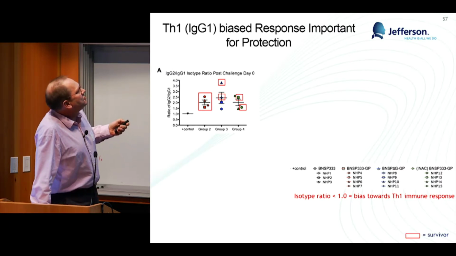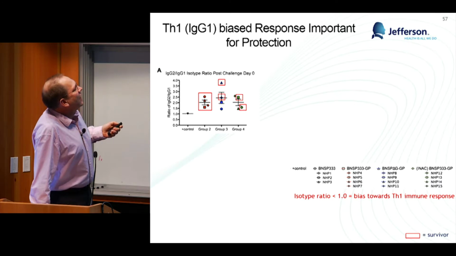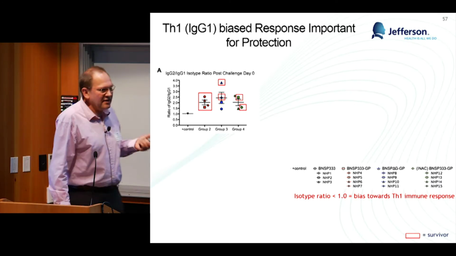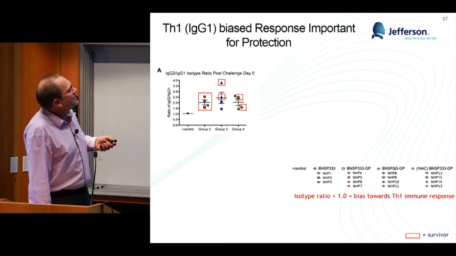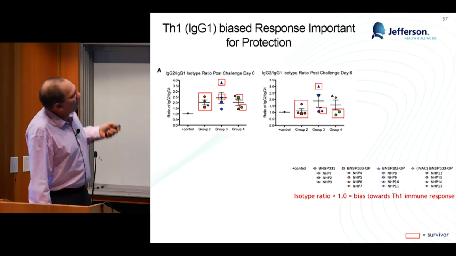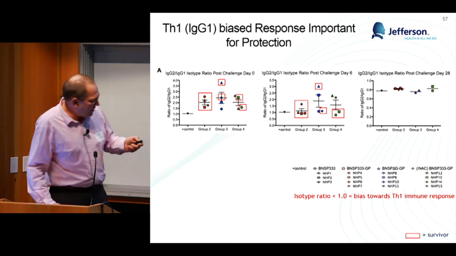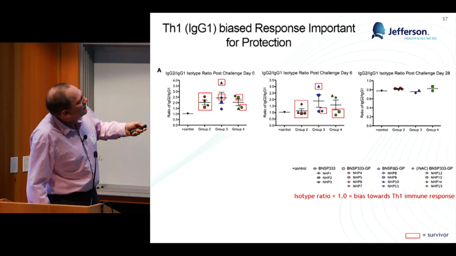And what we really saw here, if you look at the IgG1 to IgG2 in humans and monkeys, IgG1 is Th1 responses, and Th1 responses are necessary to actually have ADCC. If we look at that over time after challenge, you see that all the animals surviving go more to Th1, whereas the others go more to Th2.